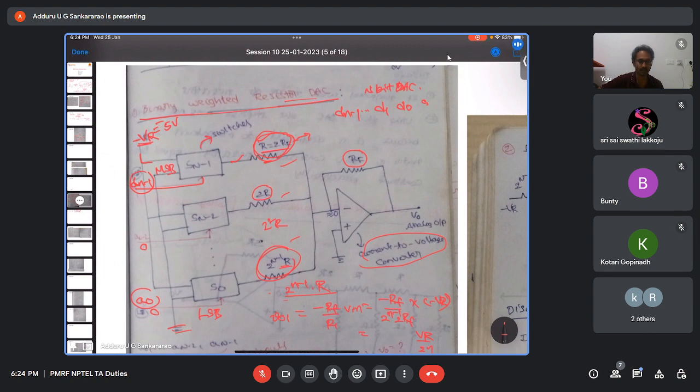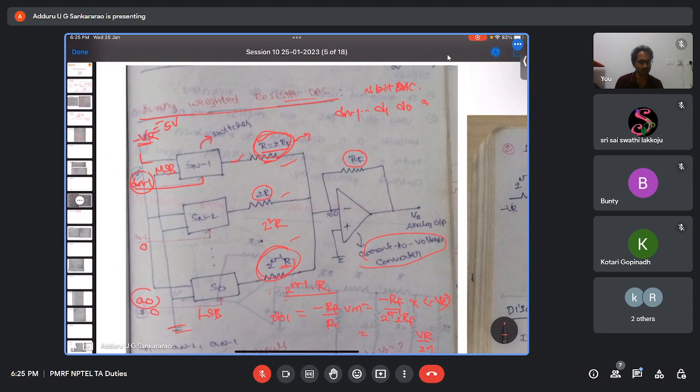But the problem here is that it is very difficult to get a wide range of resistances with equal ratio. Suppose I want a 10-bit DAC, then I want R, 2R, 4R, 8R, up to 2 power 10 into R. It is difficult to manufacture this kind of resistances.